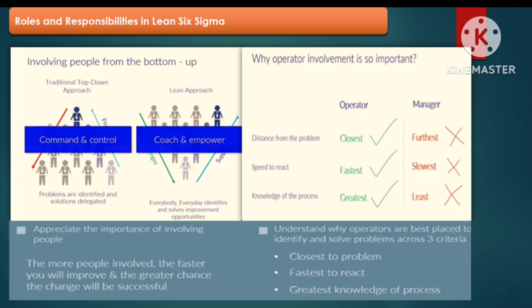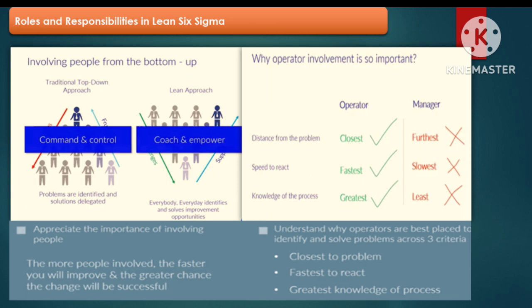If you look at the operator, that person works day in day out on the process, on the work or services. He is the one who knows the process, he's the one who is aware about the loopholes, he is the one who is aware about the strengths and weaknesses of the process, right?